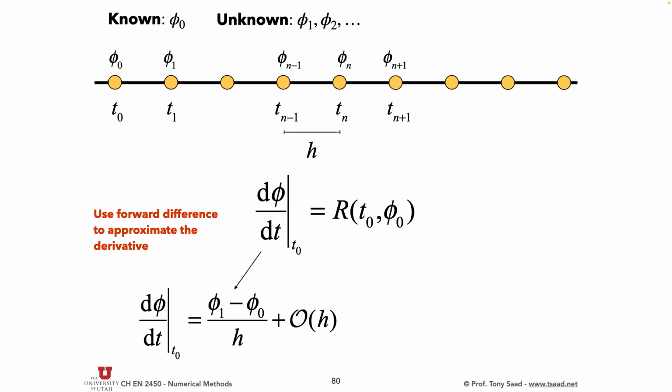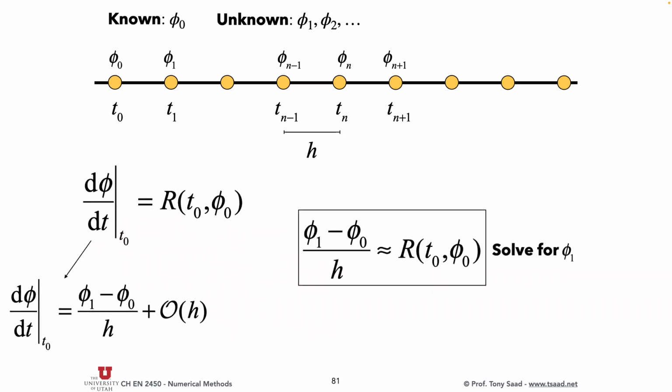So now when you look at this, you're like, well, I know h, I know phi0, I know r because that's given to you. It's whatever the right-hand side is. And you know t0 and phi0. So you know everything except phi1. And you can simply solve for phi1 algebraically, right? So you substitute d phi by dt by this approximation, phi1 minus phi0 over h.